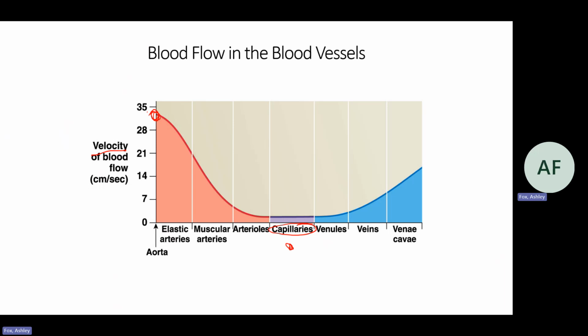Now, it's never going to get to the aorta level at the vena cava, at least blood flow, but it does increase as it's going towards the heart because it's getting larger diameter, decreased resistance, increased blood flow.